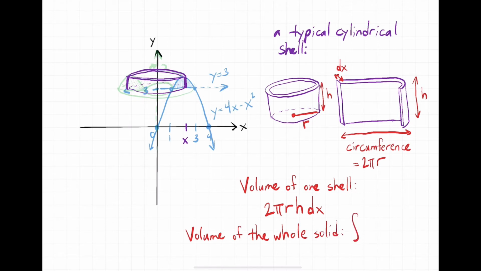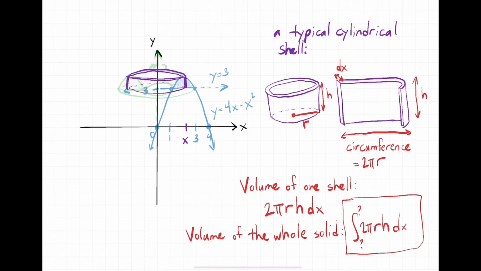It's the integral of 2 pi r h dx from some bound to some bound. This is the general formula for the volume of a solid of revolution using the method of cylindrical shells. As long as you can find the radius of the xth cylinder and the height of the xth cylinder, you're all set.